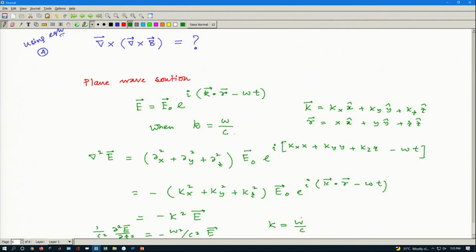So, we can see that the left hand side is equal to the right hand side. That means this is a solution for Maxwell's wave equation, and we are going to use this solution.